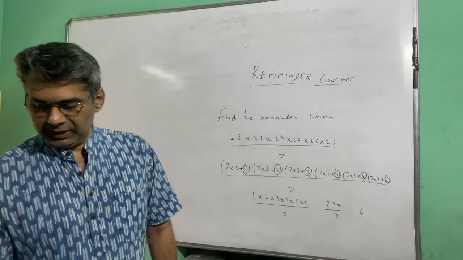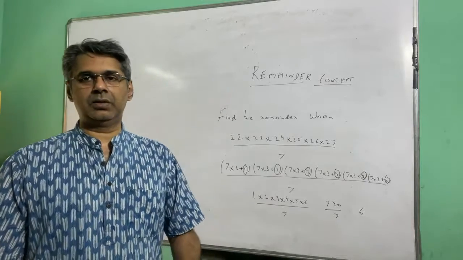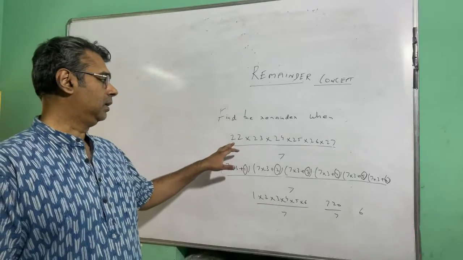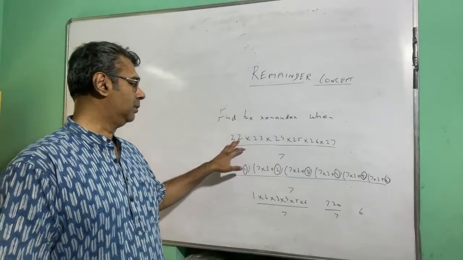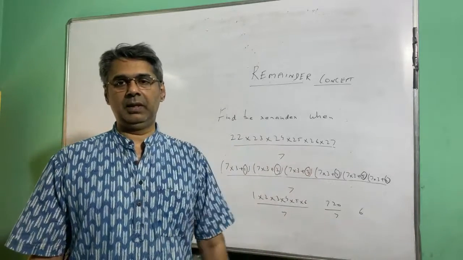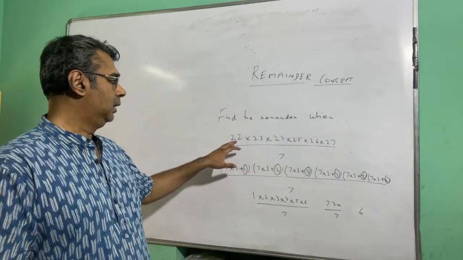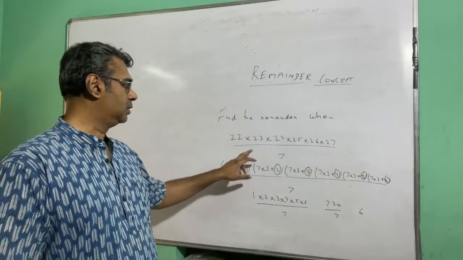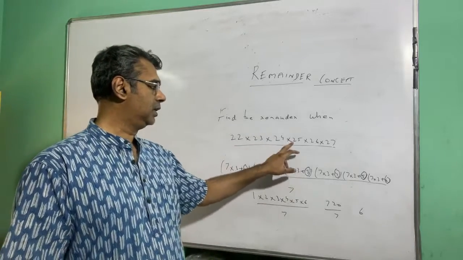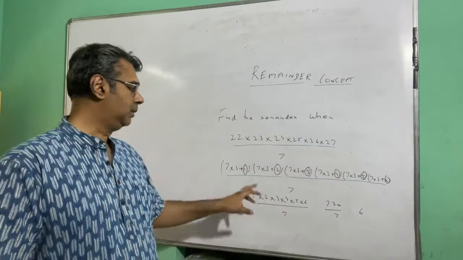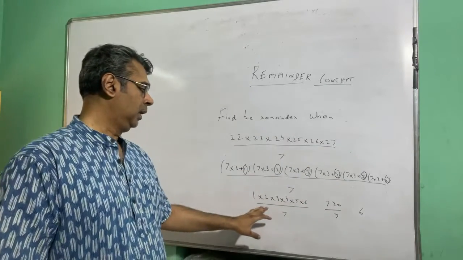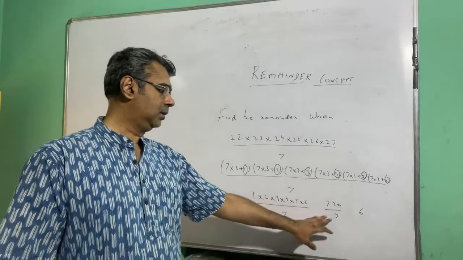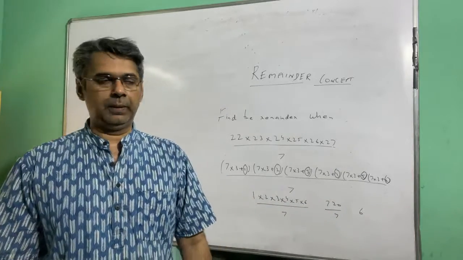This technique that we have used is called the remainder concept. You find the remainder when each number is divided by 7, like for 22 the remainder is 1, for 23 it is 2, for 24 it is 3. Then you multiply all those remainders, and whatever you get, divided by 7, is the final remainder.